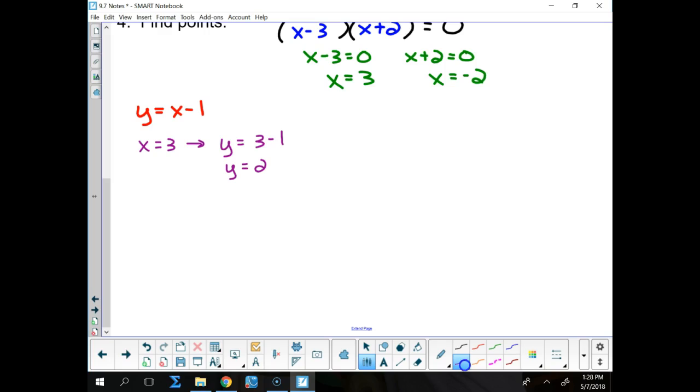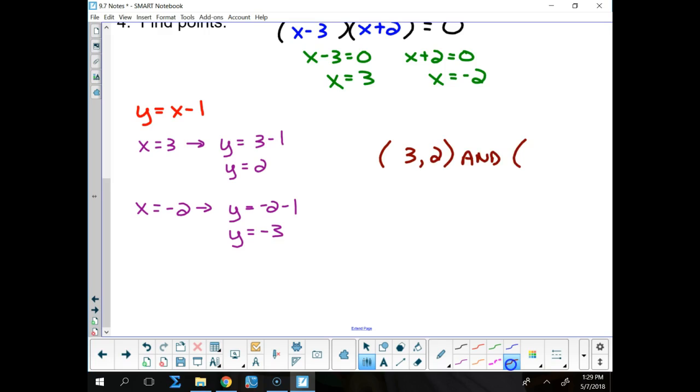Agree? If x is equal to negative 2, then y equals negative 2 minus 1, y equals negative 3. So my two prospective points are (3, 2) and (negative 2, negative 3).